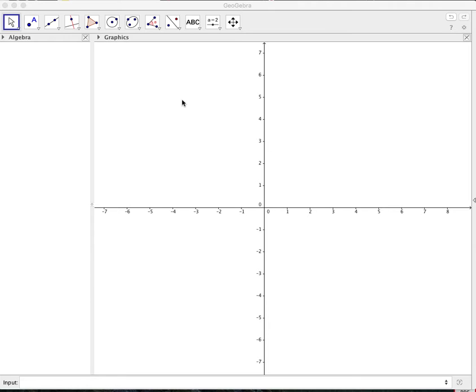So let's get started. The input is in the bottom left-hand corner of the screen, and the application is set up with the idea that you are inputting a function, or that something is equal to y. So let's say that y is equal to x.